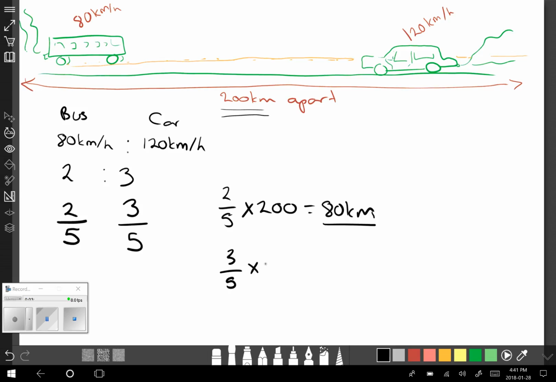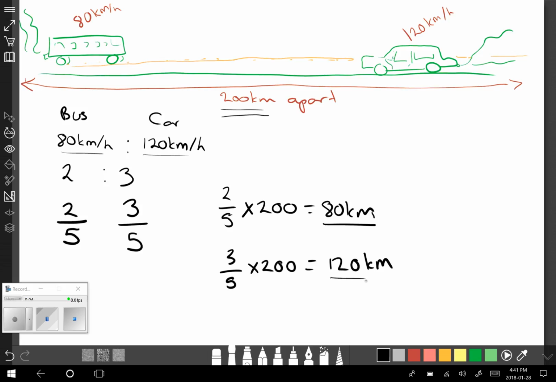So 3/5 was driven by the car. 3/5 times 200 equals 120 kilometers.